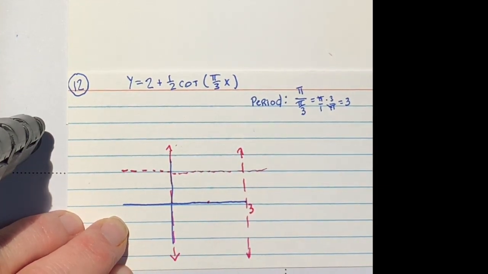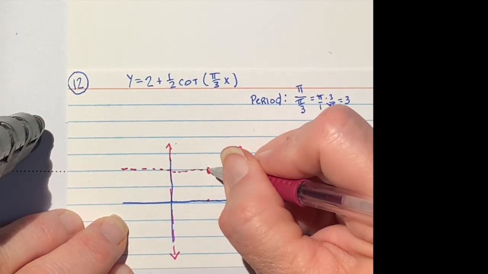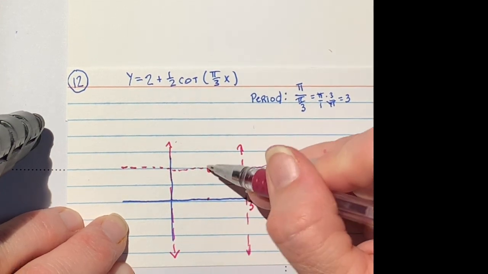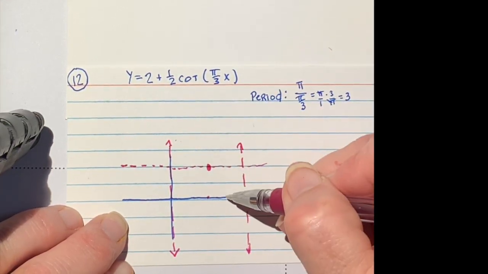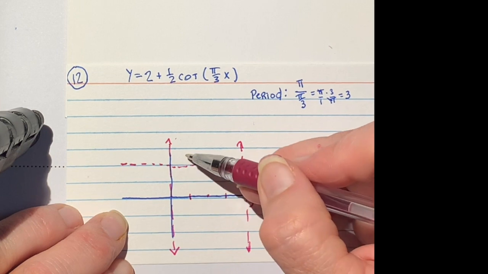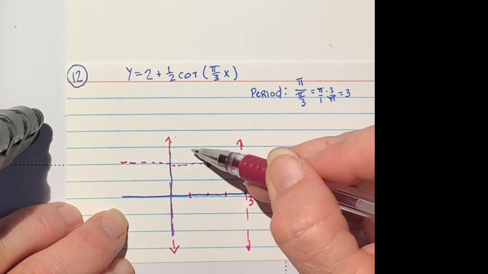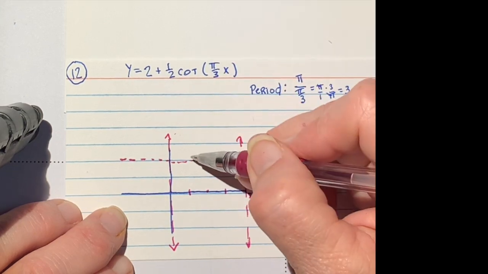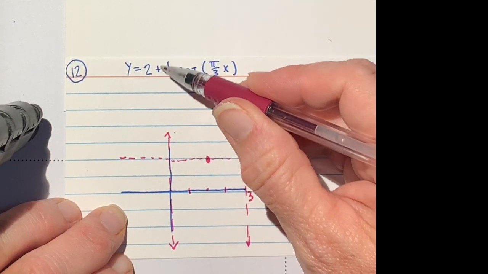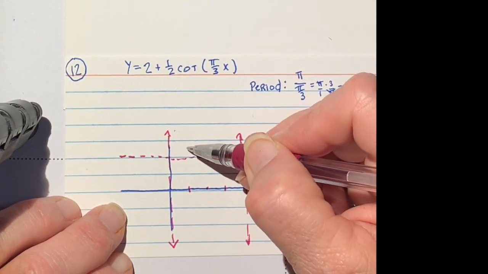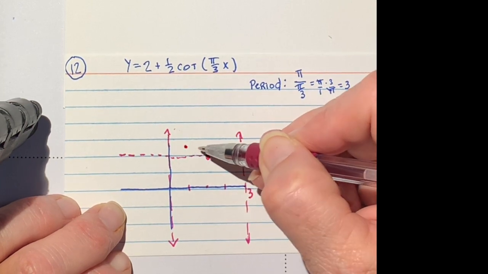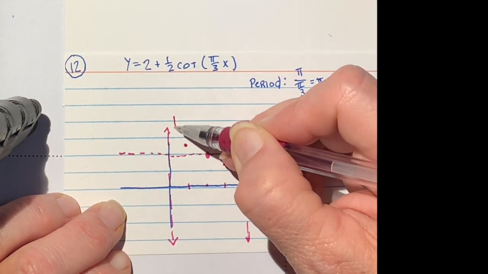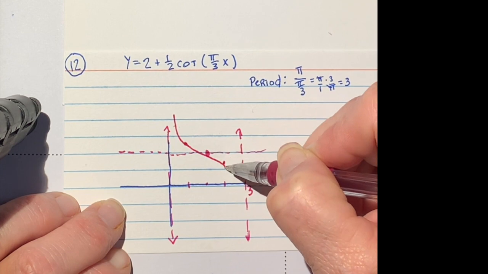So really it's going to be crossing here. It would have been here had it not been for the vertical shift. And then typically at the other key points, the graph is either at 1 or -1. Our cotangent is decreasing unless there's a negative there. Instead of 1, though, it's got the multiplier. We don't really call that an amplitude, so it would be at 1/2, -1/2, and so it would come down like this.